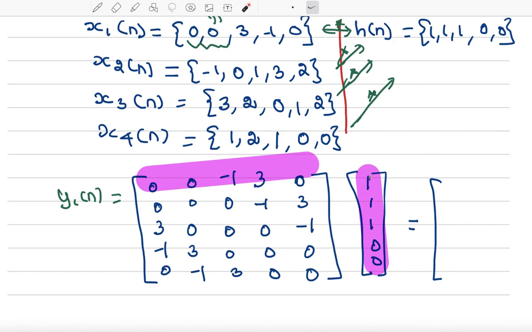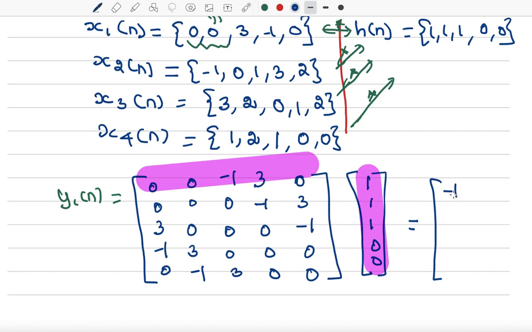The value will be equal to minus 1. Okay, so once again I am explaining the same step. 0 into 1, that is 0, plus 0 into 0, 0, minus 1 into minus 1, that is plus 1, 3 into minus 1, that is minus 2, plus 0. So this will be written as minus 1.